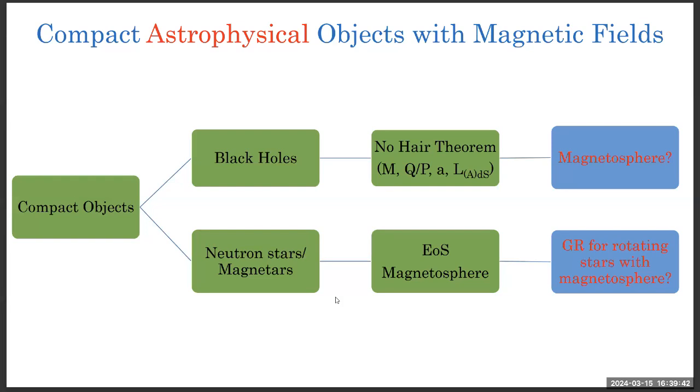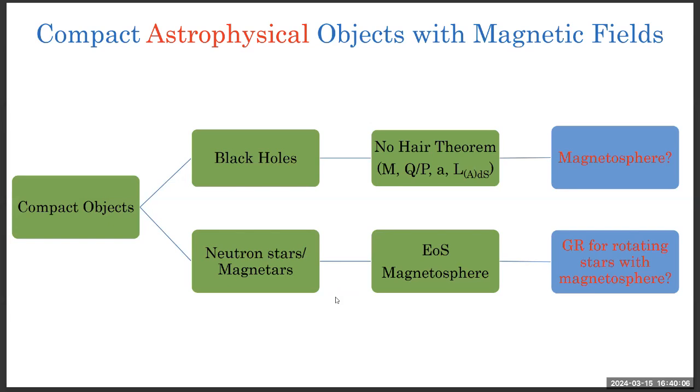Now, the other problem: a black hole, because of the no-hair theorem, is really simple. It is characterized by mass, charge, angular momentum, the rotation, and the radius of dS and AdS. I'm talking about 4 dimensions.